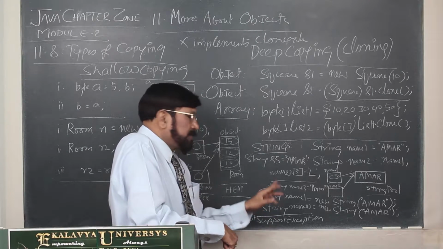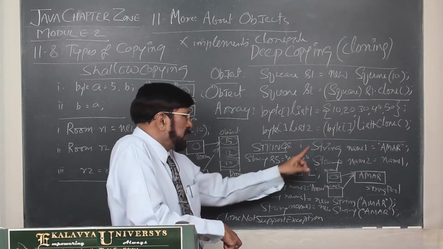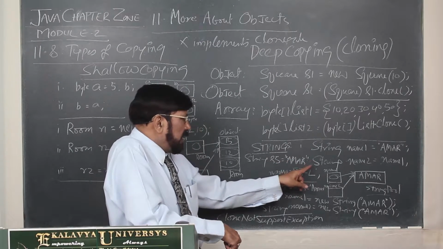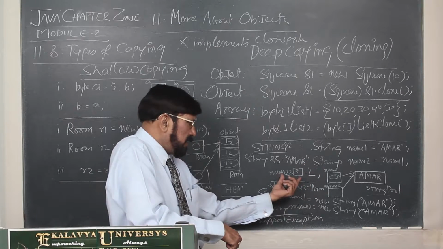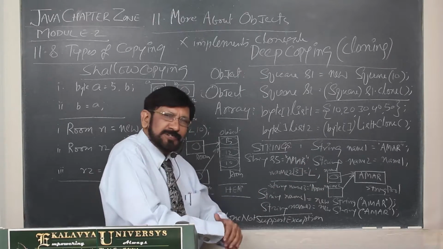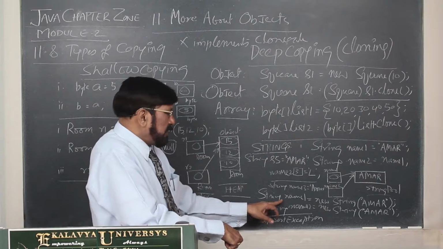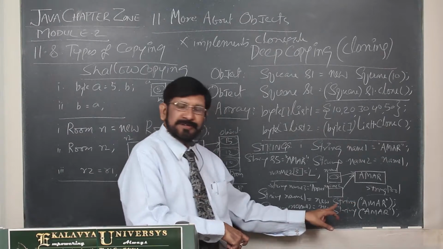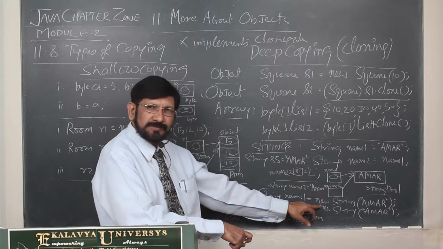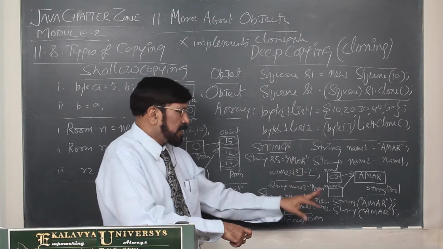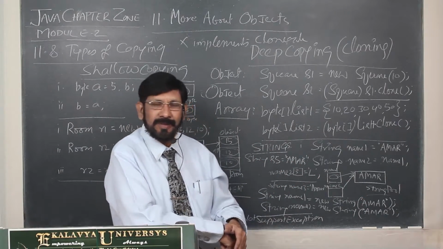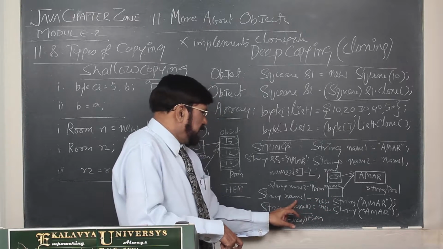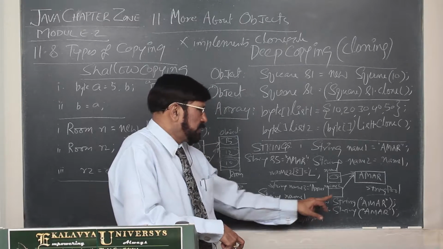But one thing you must remember, these are a simple type of initialization of strings. If you create a string dynamically, that means by using the new operator, it is created on the heap, not in the string pool. So now we see name1 and name2 with new.